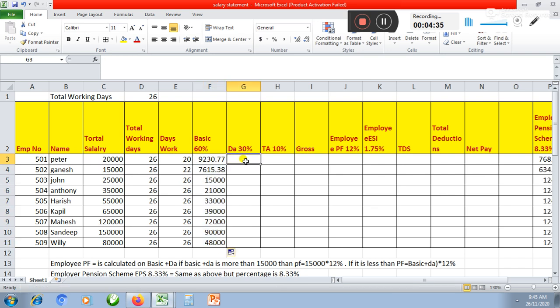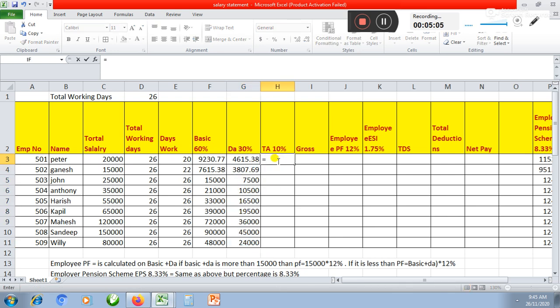That means all these people will get this basic salary. Similarly, DA is 30% of this, so this 20,000 into 30%, divided by total duties. When you divide by total duties, it will give you the per day salary, remember, and multiply that with the number of days you worked for. Enter, then you drag it down.